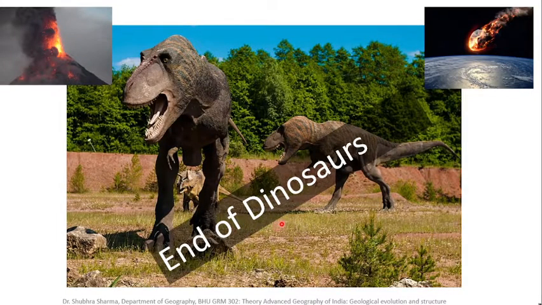Just another interesting fact: this large scale volcanism of the late Cretaceous period, together with the large scale meteoritic bombardment, marked the end of dinosaurs on the surface of the earth.